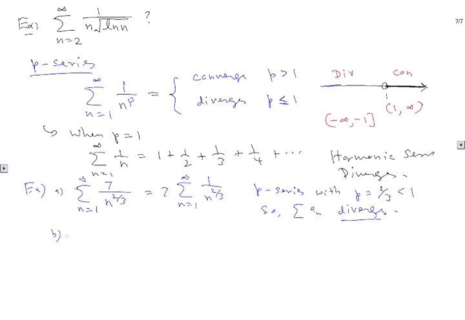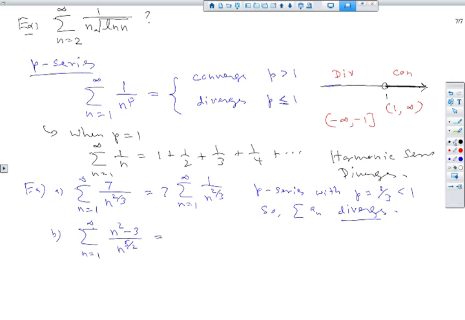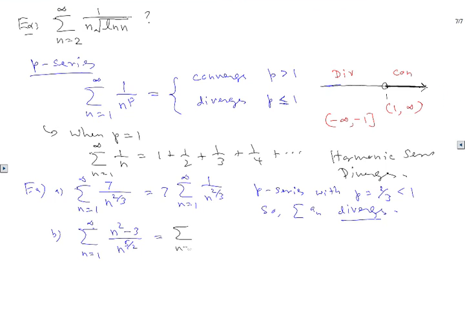So let's do one more. How about sigma n going from 1 to infinity of n squared minus 3 over n to the 5/2. If we get something like that, the best thing would be to split this into two series: sigma of n squared over n to the 5/2 minus sigma of 3 over n to the 5/2.